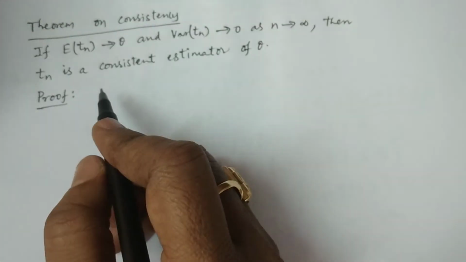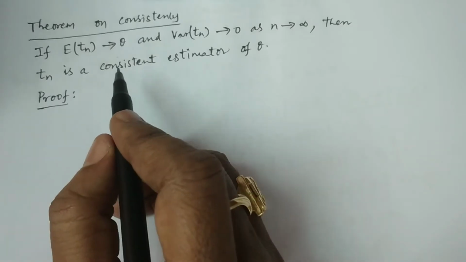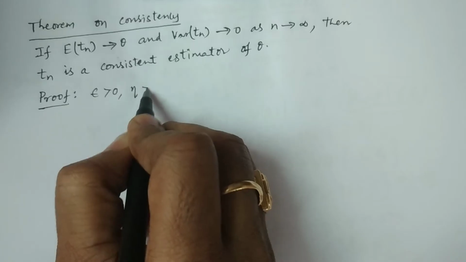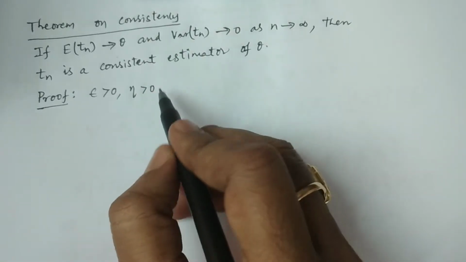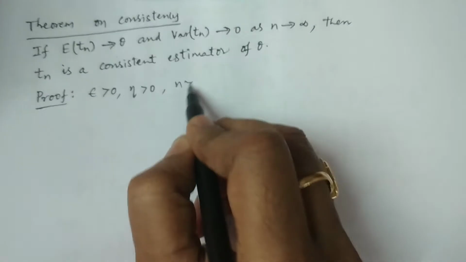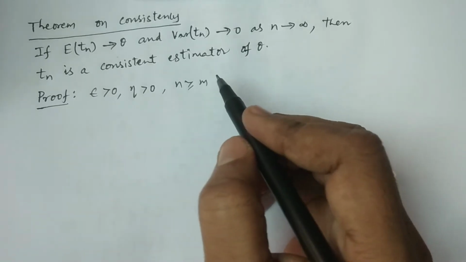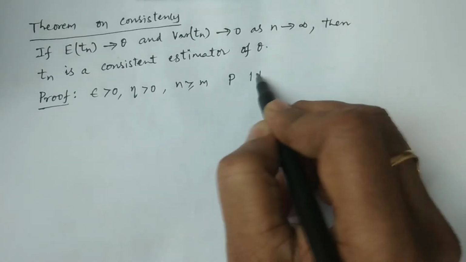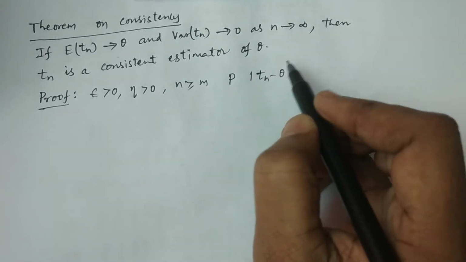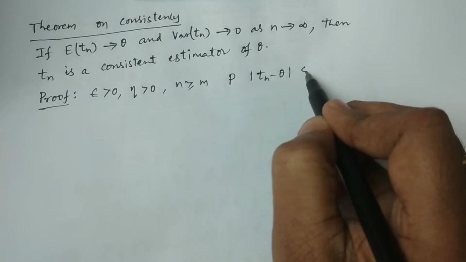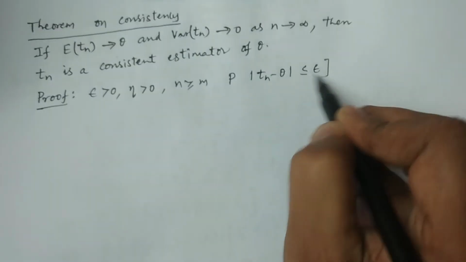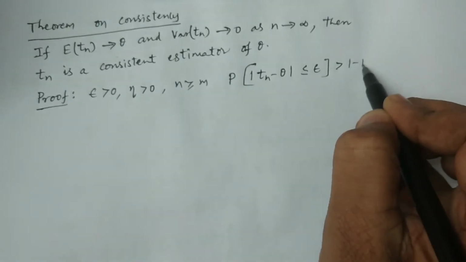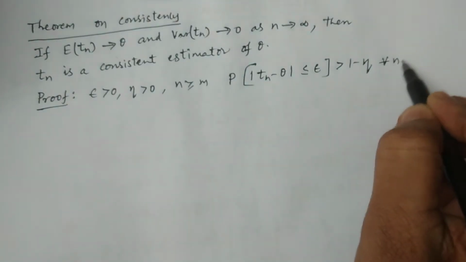For this, I am considering the definition of consistency: for epsilon greater than 0 and eta greater than 0, and for n greater than or equal to m, such that probability of modulus of Tn minus theta less than or equal to epsilon is greater than 1 minus eta for all n greater than or equal to m.